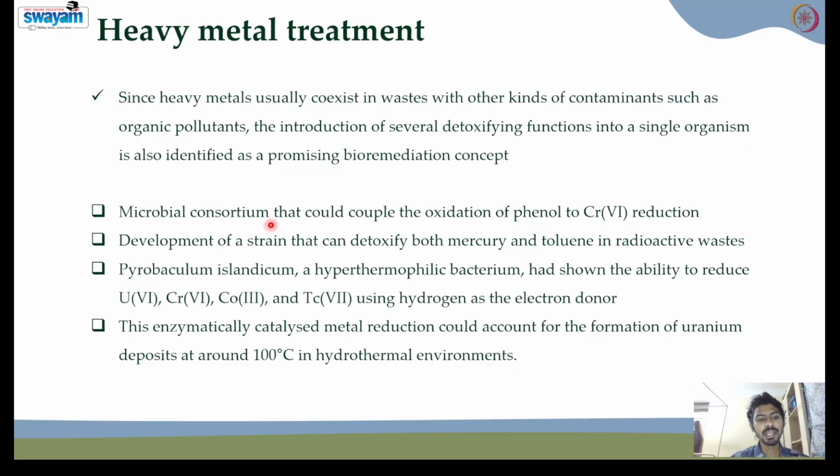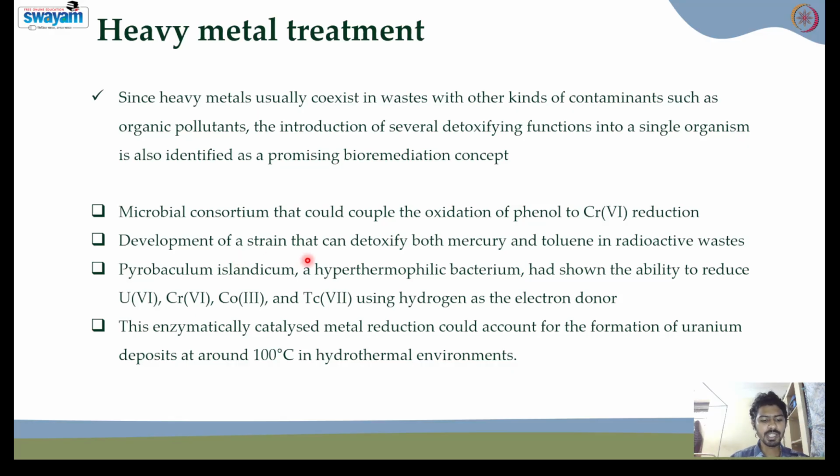There are different microbial consortia that have been developed not only to degrade the organic pollutant but also to reduce the heavy metals. And also you can use super strains, that is, genetically engineered strains for dual detoxification.